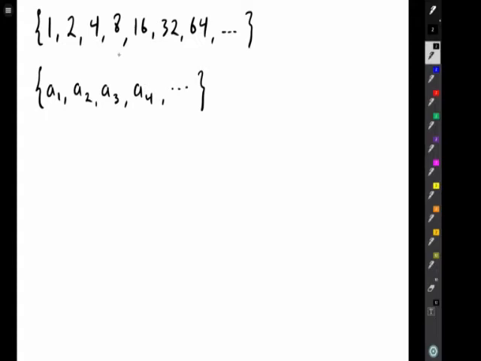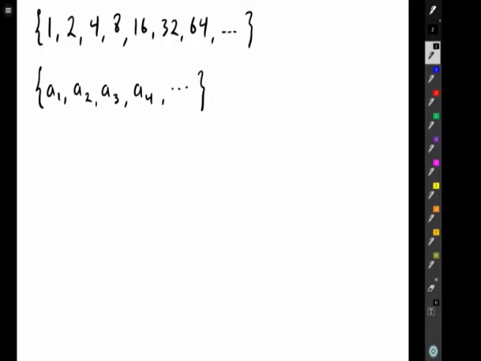If we compare these two, this would be the a1 term, this would be the a2 term, a3, a4, a5, and so on. Sometimes you start sequences at n equals 1, sometimes you start them at 0. Those are the common two. There's no reason you couldn't start with, say, a4, but it's pretty common to start with 0 or 1.